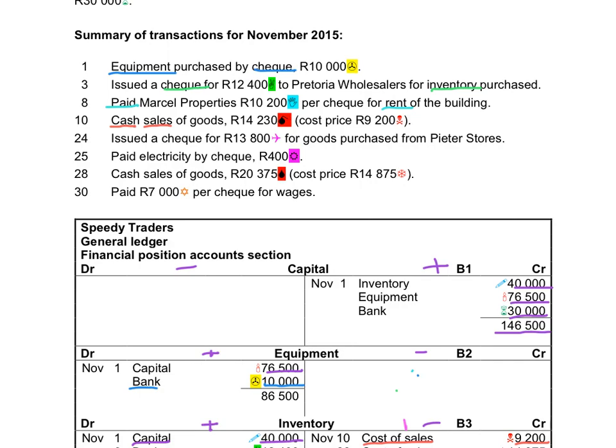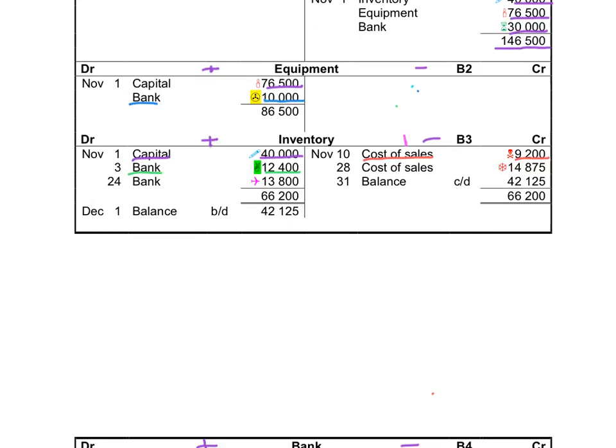Issued a check for 13,800 for goods purchased from Peter's stores. We paid money, so the one entry will be in the bank. We bought goods, so that means anything that we buy with the purpose of selling in the business is inventory, so the double entry will be in the inventory account. Inventory is an asset.